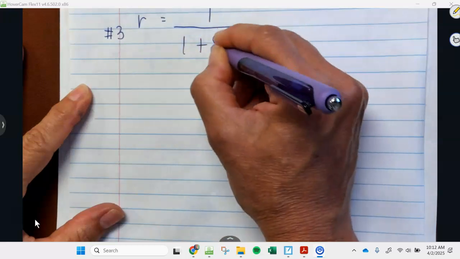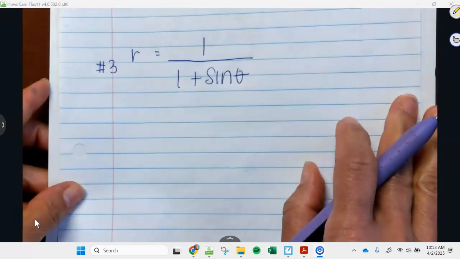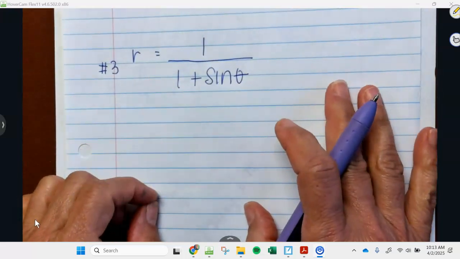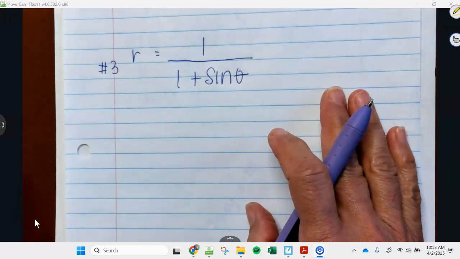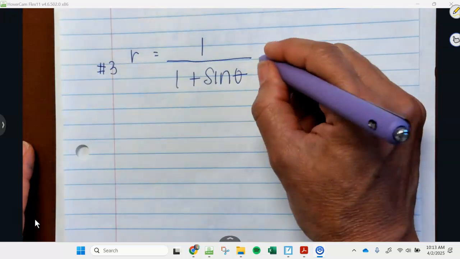1 plus sine theta. Y'all, did I write number 3 right? Is that what it says? Okay, we're going to write this in rectangular form. No fractions, ever. So get rid of the fraction. We're going to multiply both sides by the denominator.